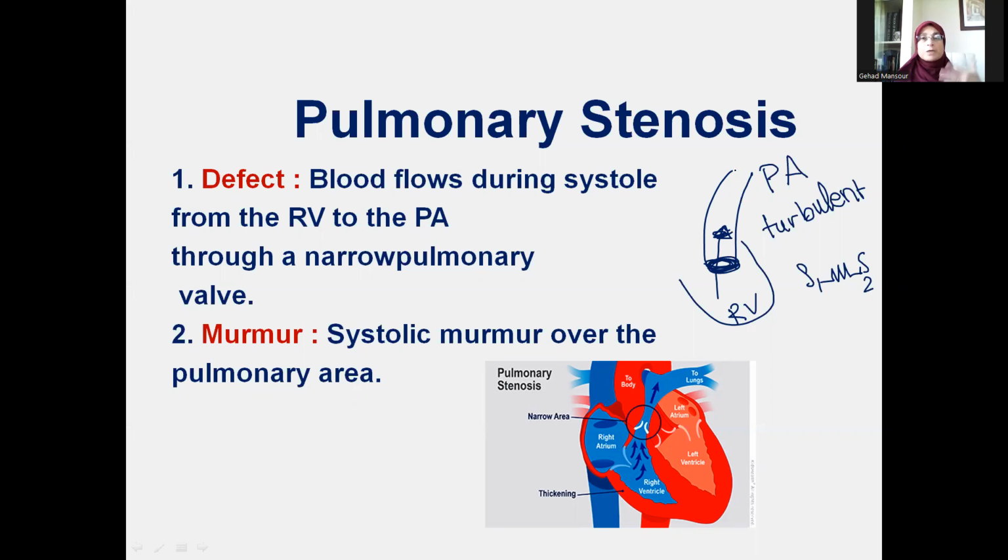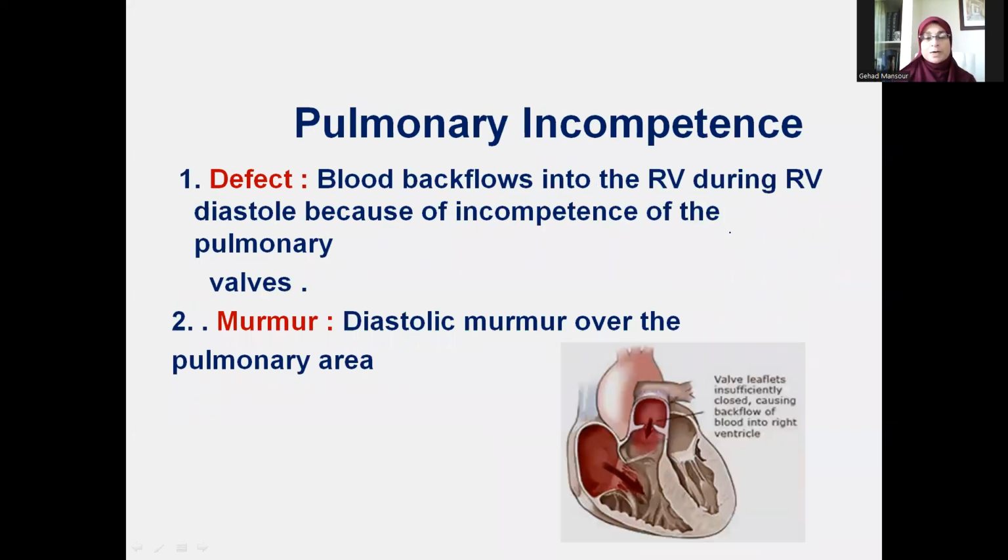There will be, of course, less blood that goes to the lungs, less alveolo-capillary exchange, and symptoms of hypoxia. The murmur will be systolic and will be best heard over the pulmonary area.